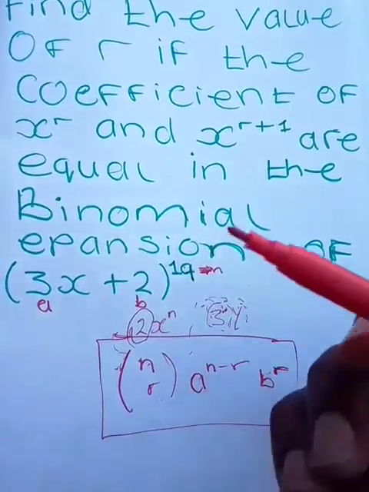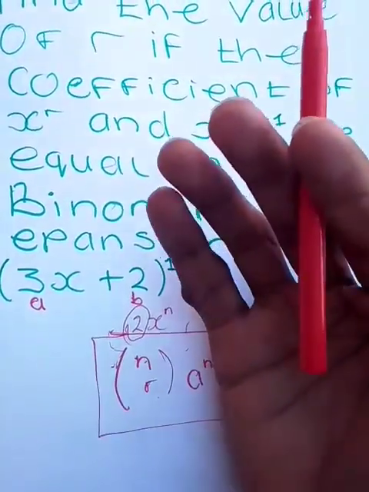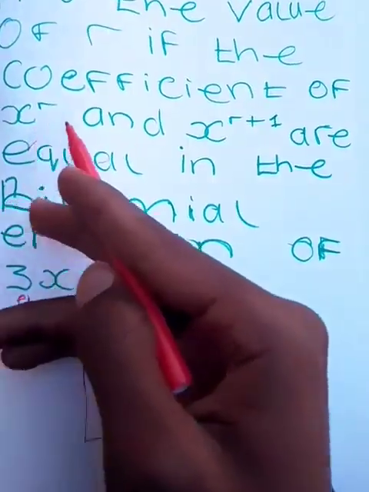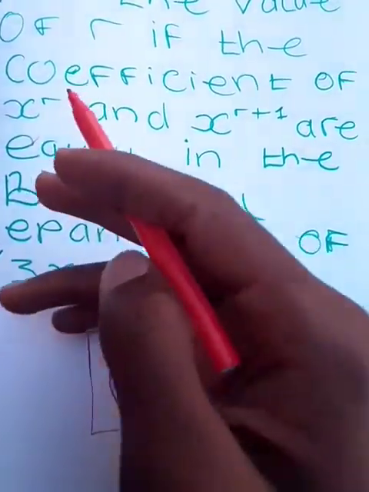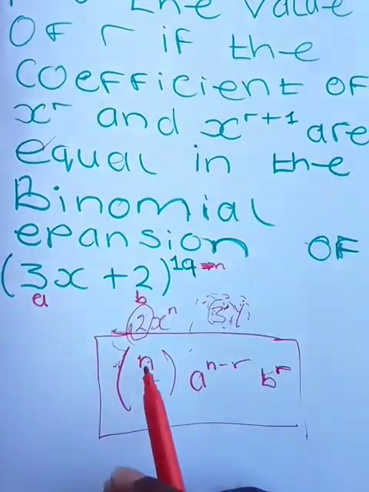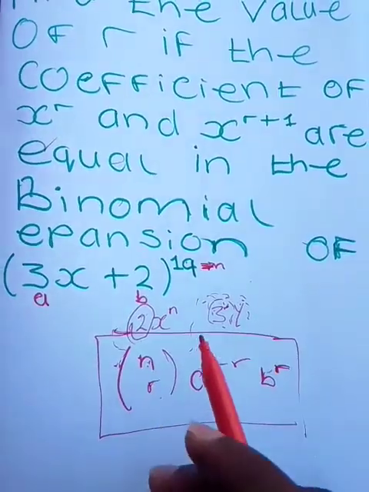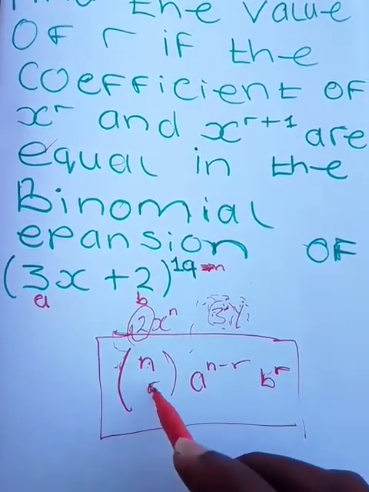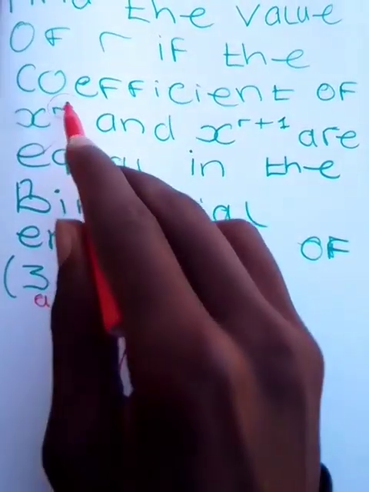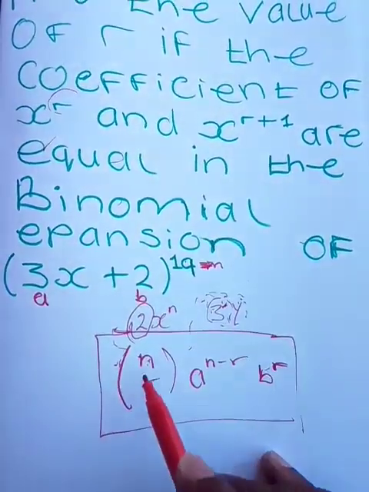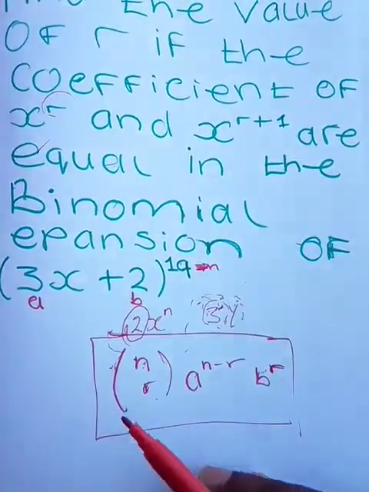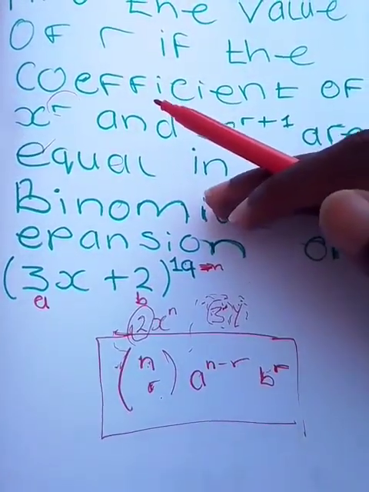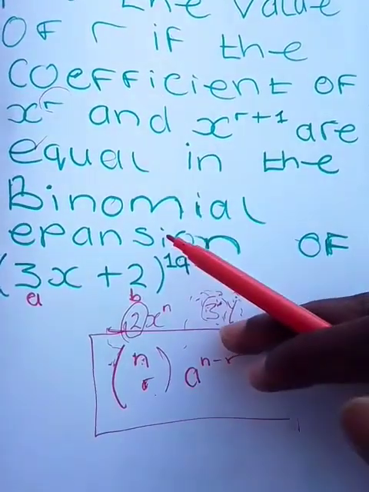Where there is r, if I start finding the coefficient for this one, this is a term and this is a term. These are individual terms. So for this one, where I'm supposed to put r, I'll put r, and for this one, where we're supposed to put r, I'll put r plus 1. Now when you do that, you can start evaluating.